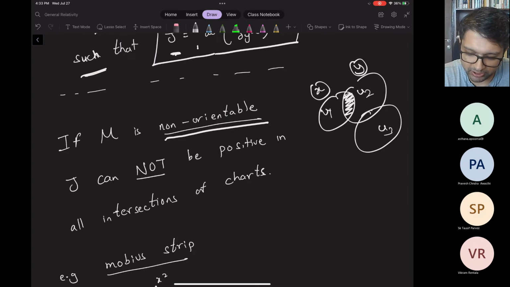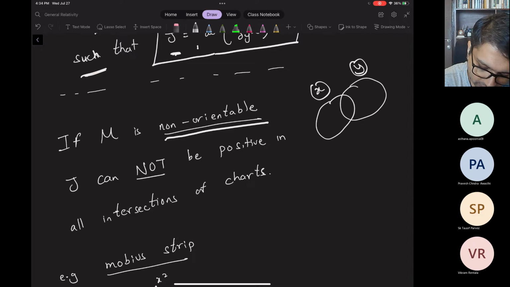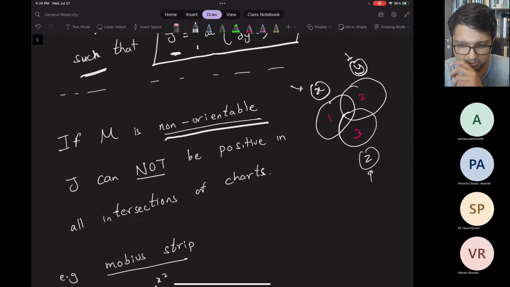Let's call this 1, 2, and 3, and we'll put a coordinate system Z on the third one. Now we're free to choose X and Y and Z. We're free to choose the coordinate systems on these patches.